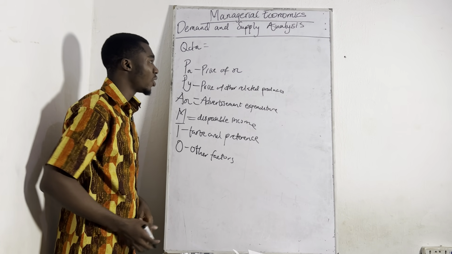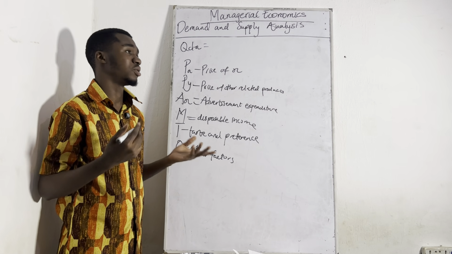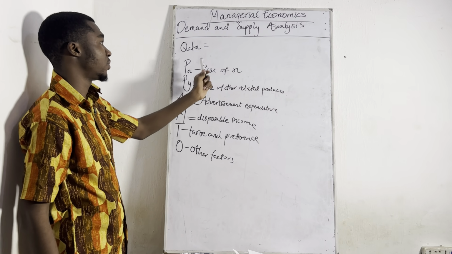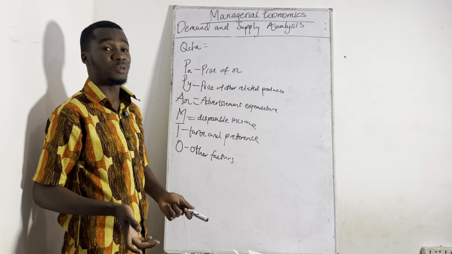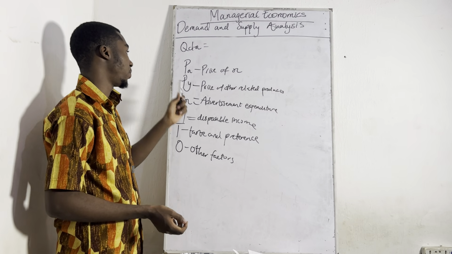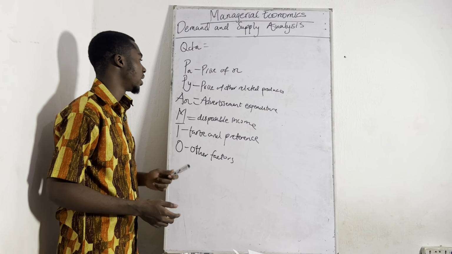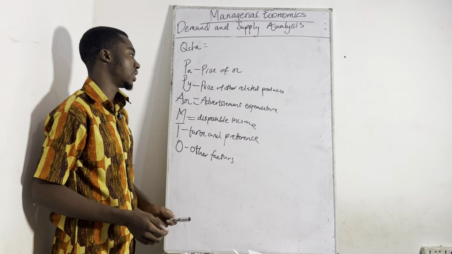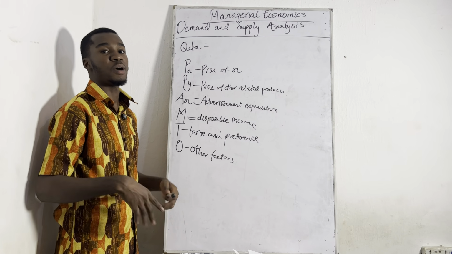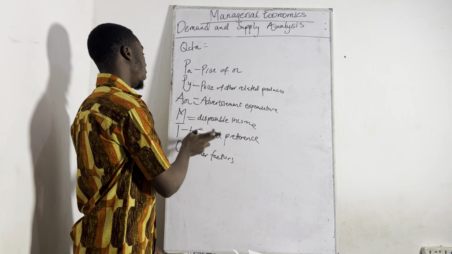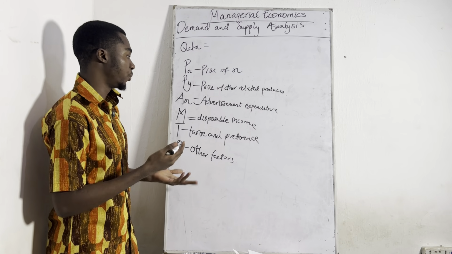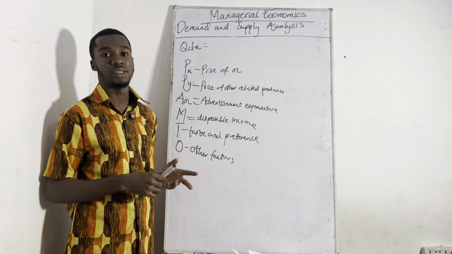So these are all the things that affect demand, literally. We first have the price of that same commodity, which is the price of X. Then we have the price of other related products, which I spoke about, substitutes and complements, which is the price of Y, or PY. Then AX, which is advertisement expenditure. If people advertise well, people are going to buy more of the product, and vice versa. We also have the disposable income, or M, and we said that for income, we talk about two types of goods, the normal and inferior good.